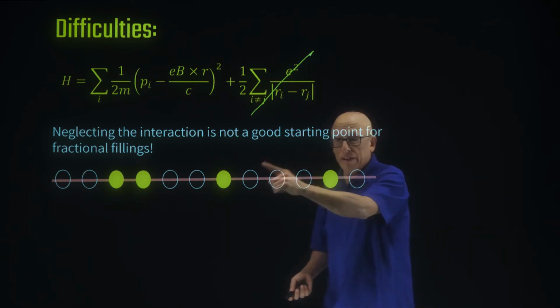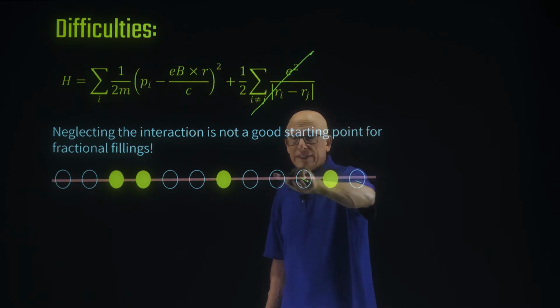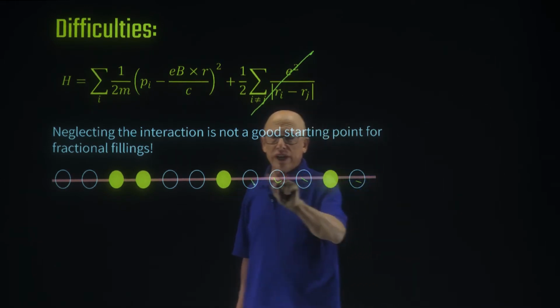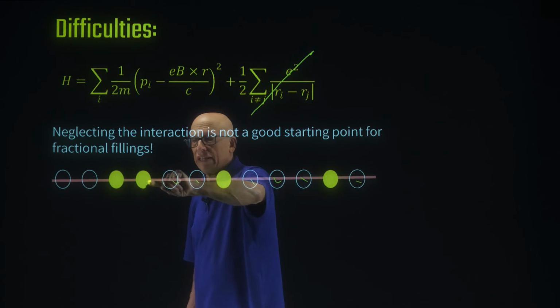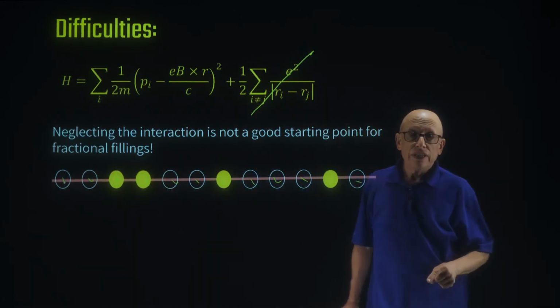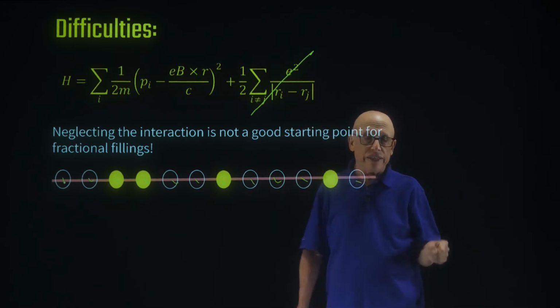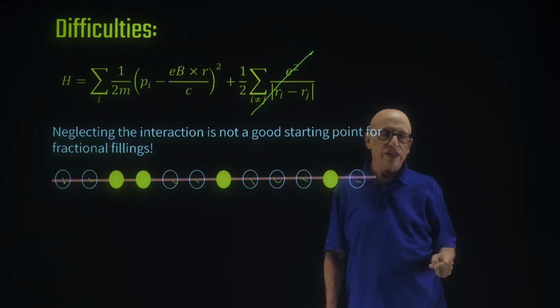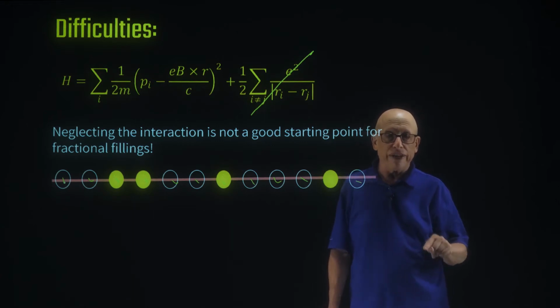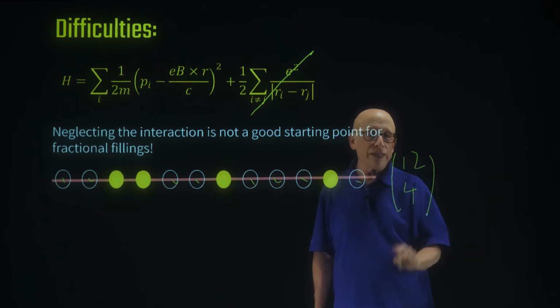Let's see that. Here we have a sketch of a Landau level with 12 states: 1, 2, 3, 4, 5, 6, 7, 8, 9, 10, 11, 12. And we fill 4 of them. It doesn't matter energetically, in terms of the kinetic energy, which 4 of the 12 we are filling. There are 12 choose 4 possibilities.